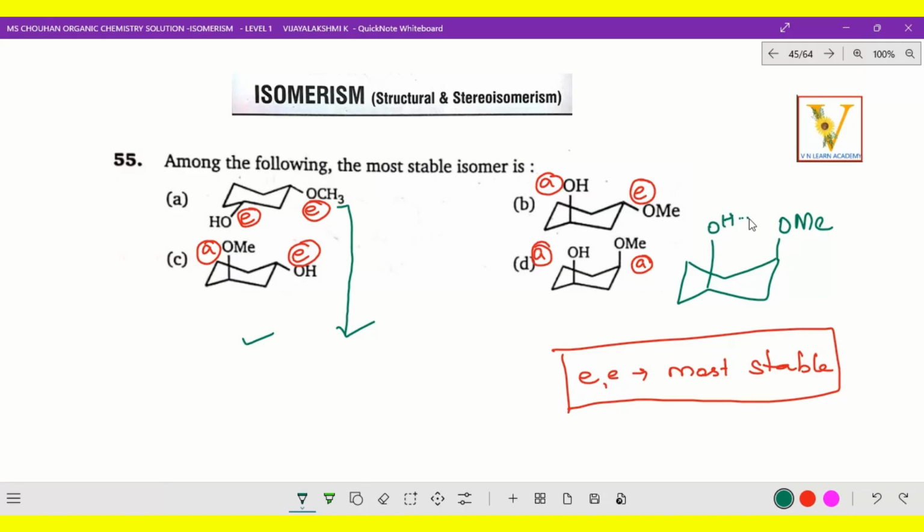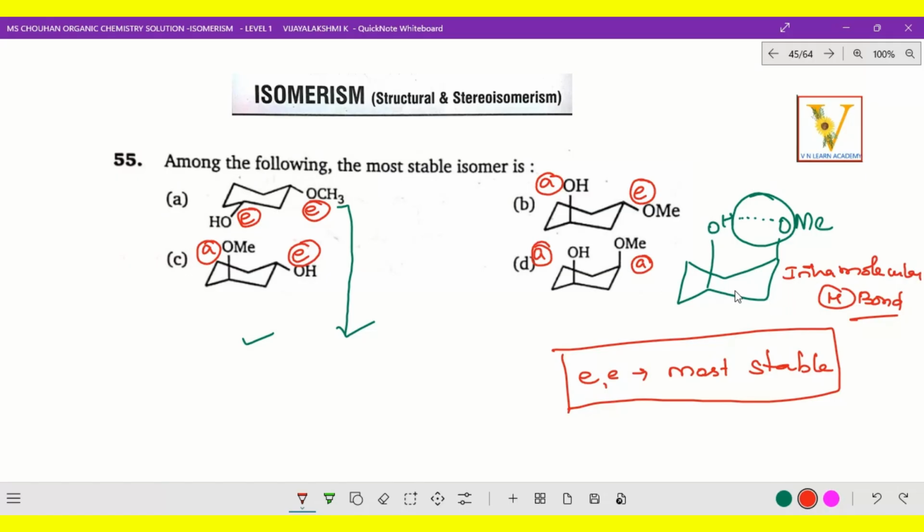So OH and OH, what is there here? Intramolecular hydrogen bonding. Intramolecular hydrogen bonding is a very strong bond, like a brother and sister relationship, a very strong bond in that way.